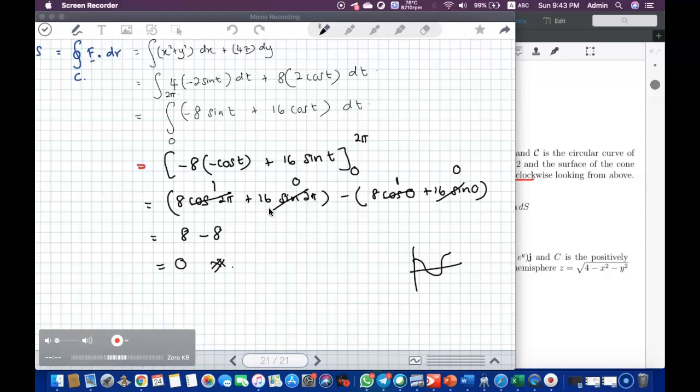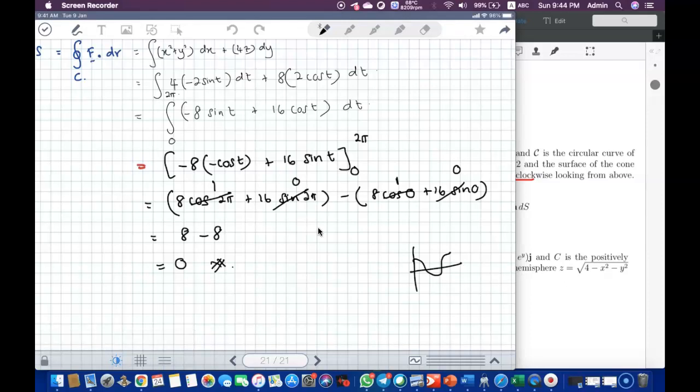Okay, please, when you substitute the value for the trigonometric function, you have to be careful, because I can see some of you had trouble to evaluate the trigonometric function.